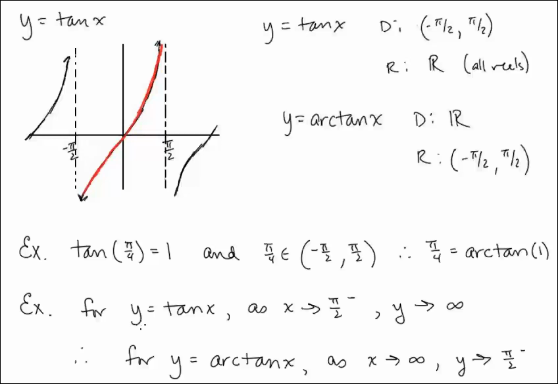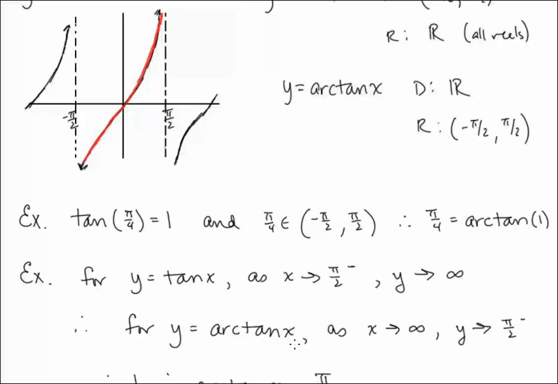And that's happening for y equals tan x. So, for y equals arctan x, now we're switching the roles of x and y here. This is the inverse function. Then, if x is going to infinity, y must be going to pi over 2 from the left.